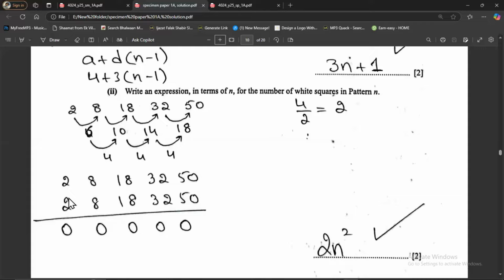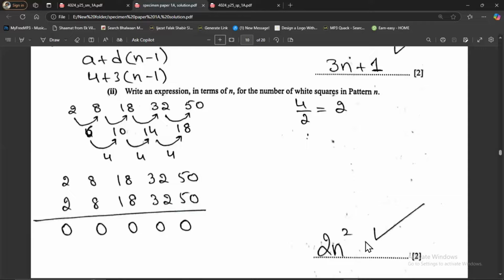Then 32 and 50. Then you subtract them: 2 minus 2 is 0, 8 minus 8 is 0. Because here I got 0, 0, 0, I don't need to write anything here. If I get a sequence here, then I find its nth term and write that formula here. So the nth term is 2n square.